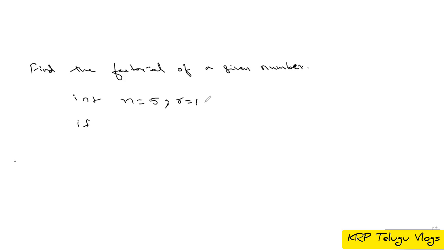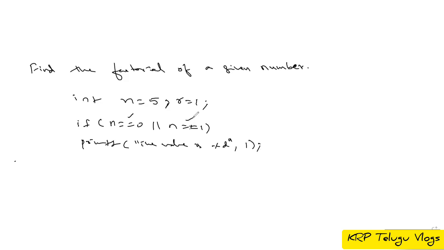So if n double equal to 0 or n double equal to 1, so what we can do? printf the value is %d, comma 1. Correct? So if n value is 0 or n value is 1, then we can say that the factorial of 0 or factorial of 1 is nothing but 1. Is that clear? Yes, sir.